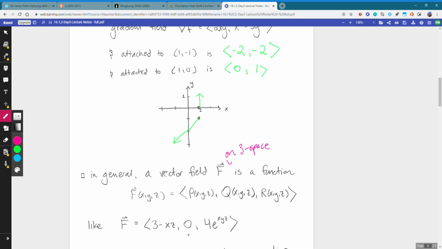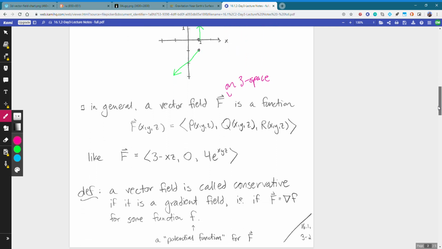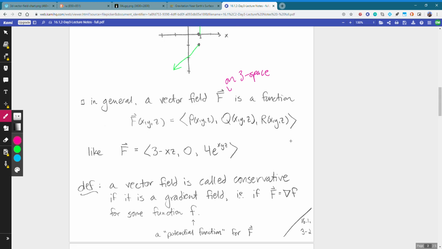Now, it turns out that vector fields that are gradient fields actually have some really nice properties. And because of that, we like to give vector fields that are gradient fields a special name, and the label that we give them is conservative.